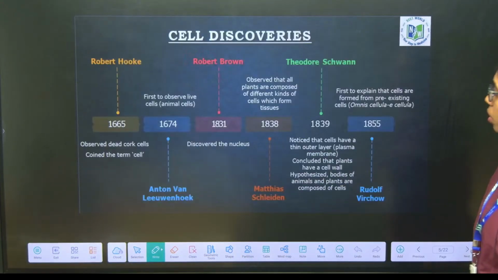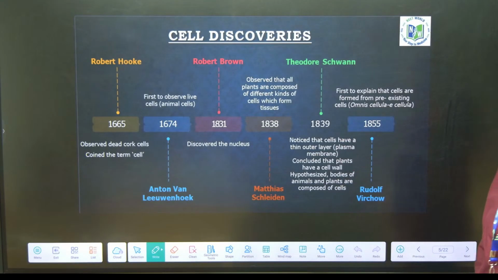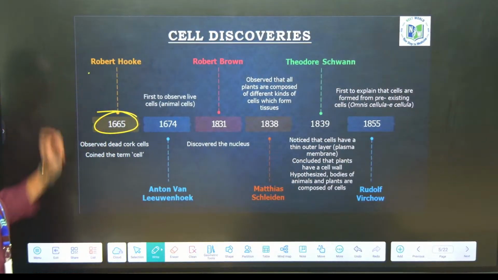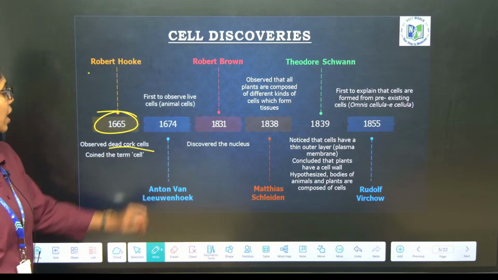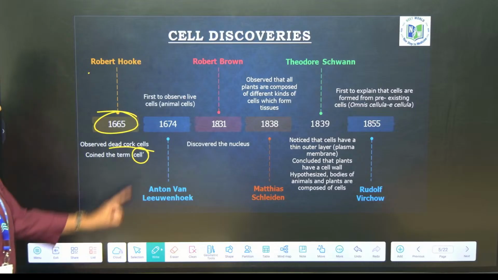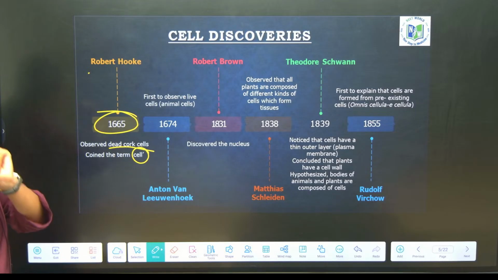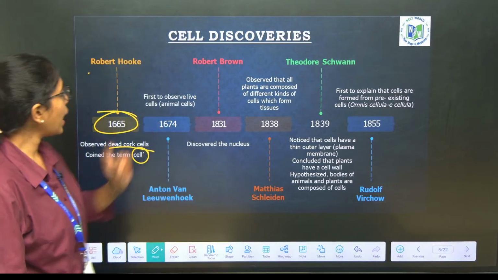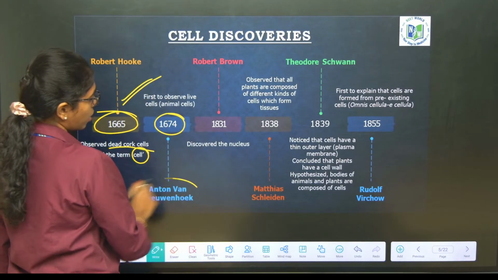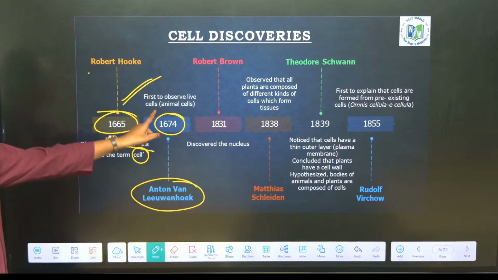Yeah. So let us explore one flow chart. In 1665, Robert Hooke is the first scientist who observed dead cork cells, and he gave the term cell. From which cells did he observe? Cork cells of Quercus suber. And then in 1674, Anton van Leeuwenhoek is the first scientist to observe what?